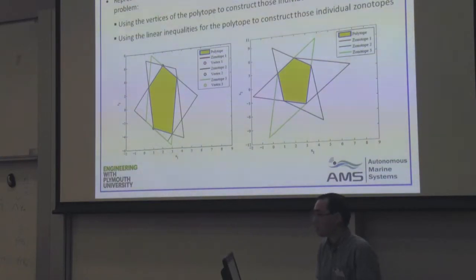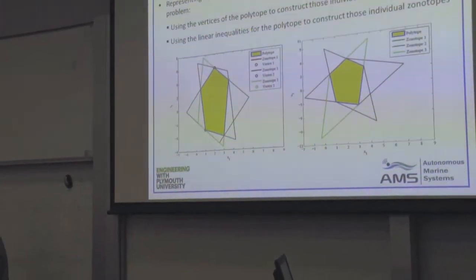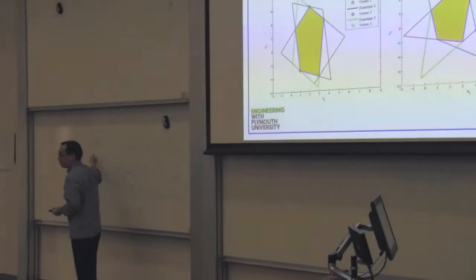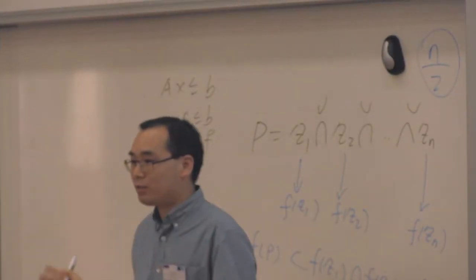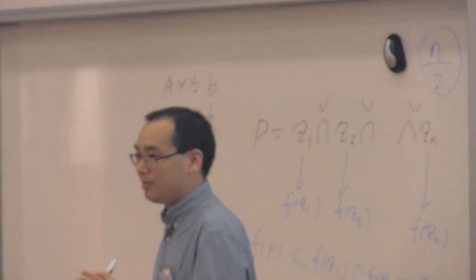For any system, for a polytope, you will have AX less than or equal to b. You just find randomly two inequalities. Using these, you can construct a zonotope.